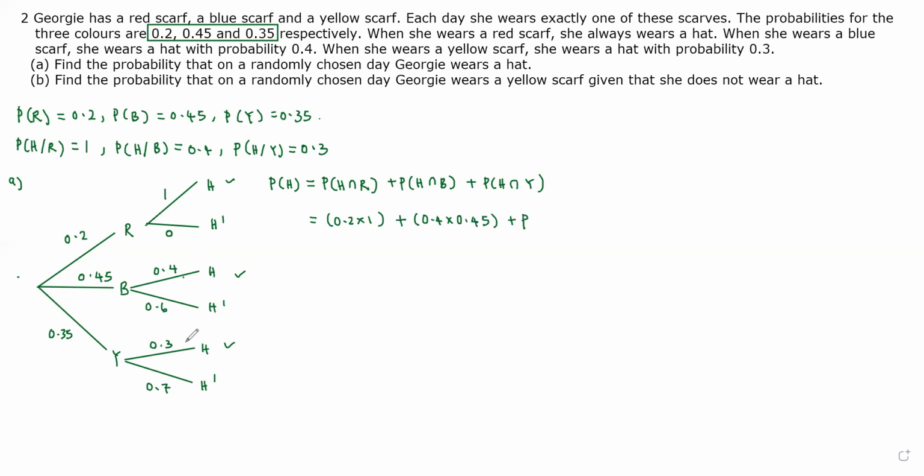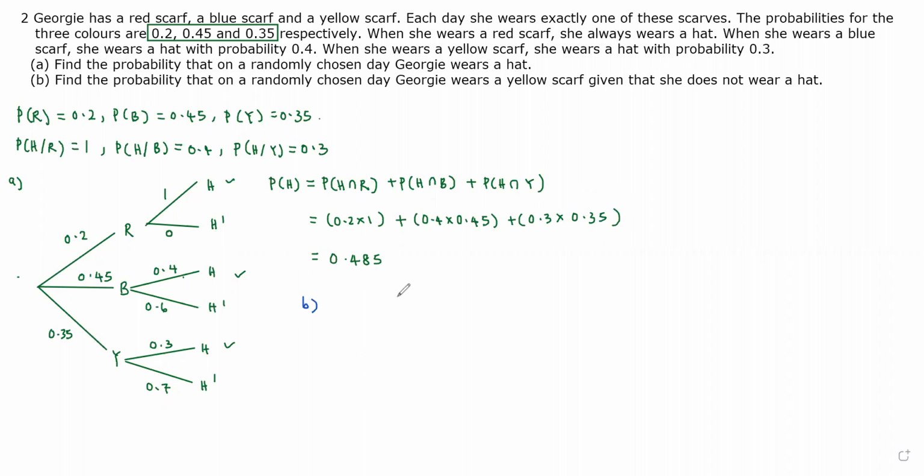Hat and yellow, we have 0.3 times 0.35. The probability of wearing a hat is 0.485. That is part A.